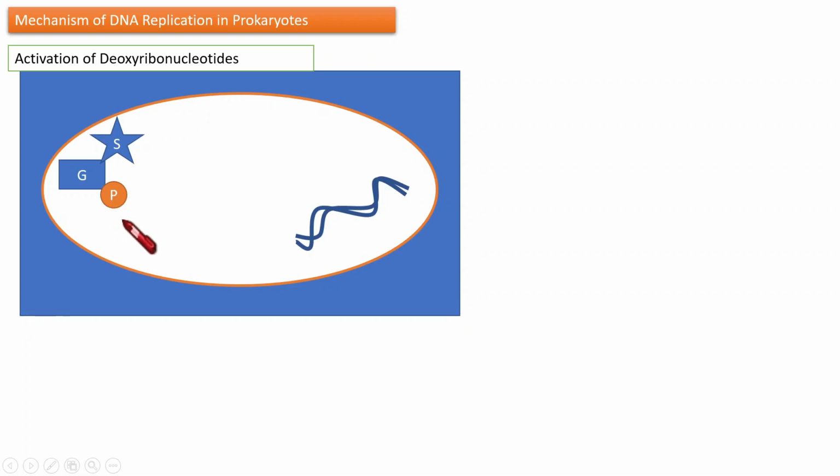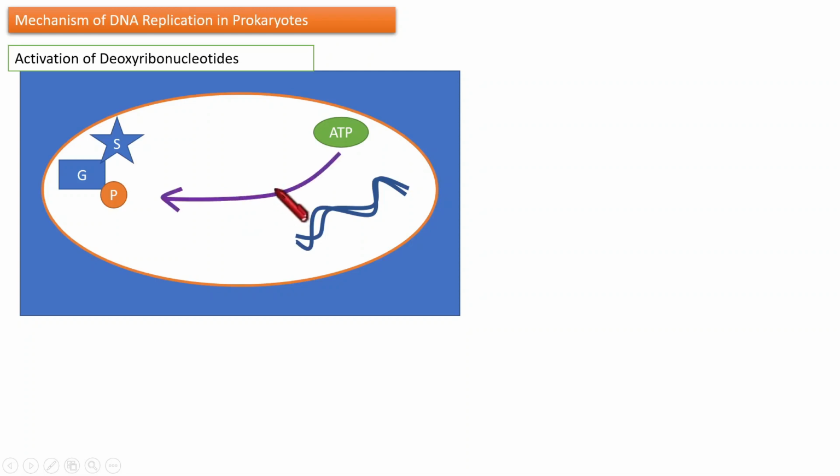So from this low energy form, we need to activate the deoxyribonucleotides. How can we activate them? We can activate them by taking energy in the form of phosphate from ATP. We know that ATP is adenosine triphosphate, with three phosphates present. By taking two phosphates from these to here, we can activate this deoxyribonucleotide to incorporate it into the replicating DNA. By its own, it will not give this phosphate.